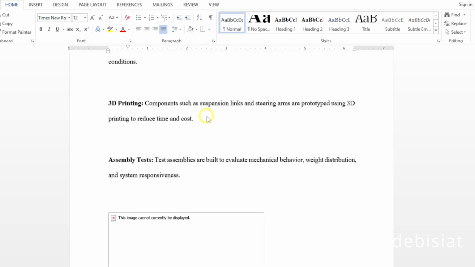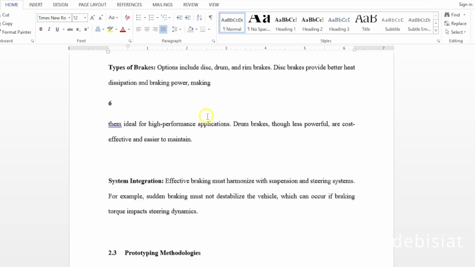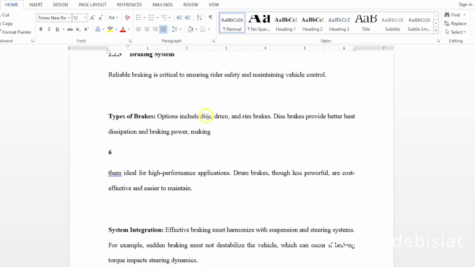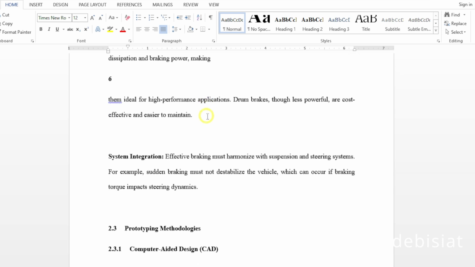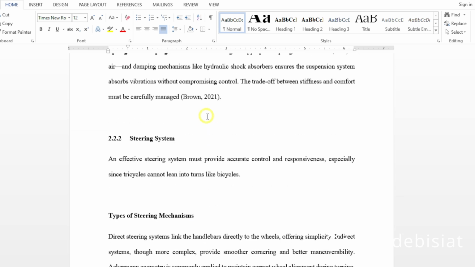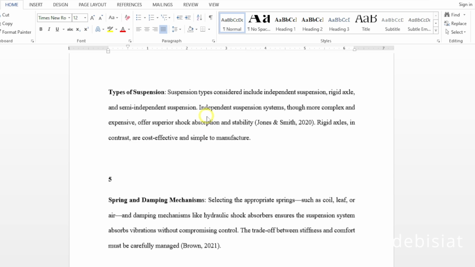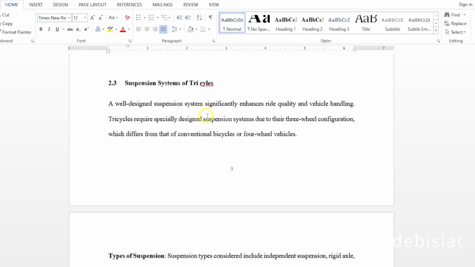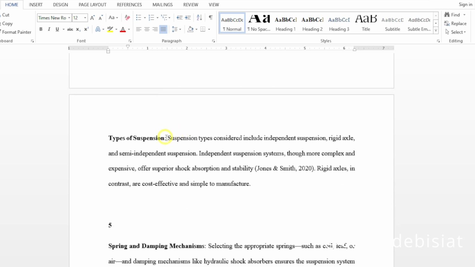Suspension system. Okay, suspension system. No, this is the braking system. Okay, suspension system of tricycles. Types of suspension system.